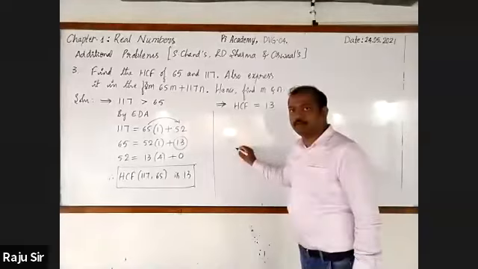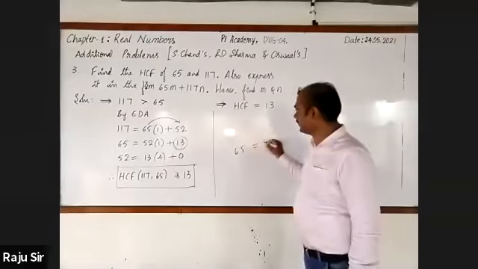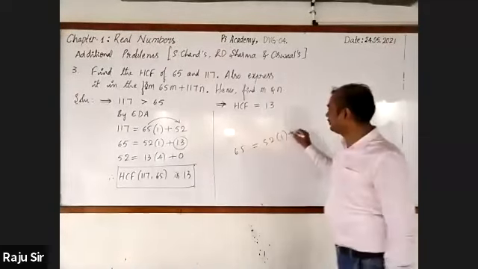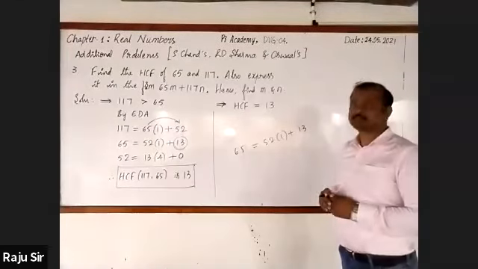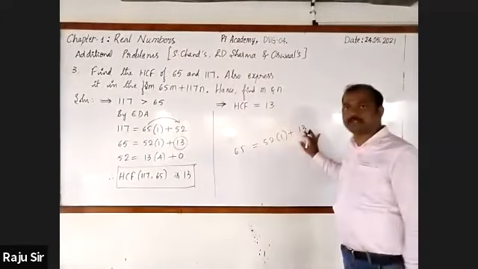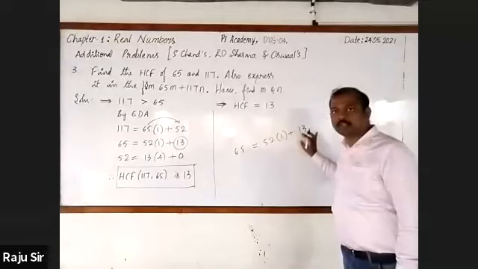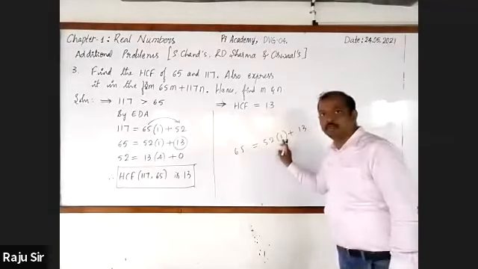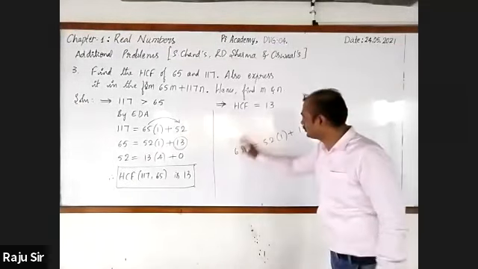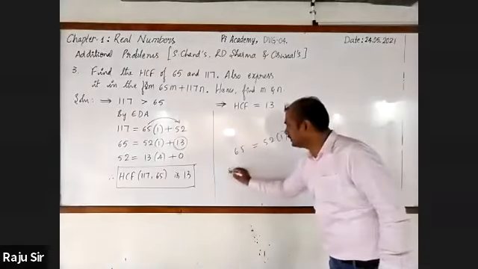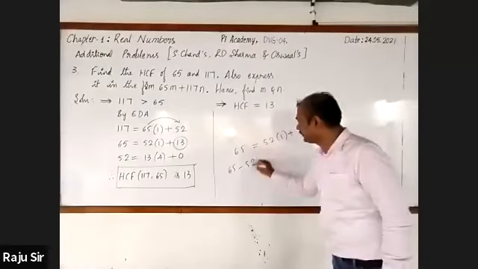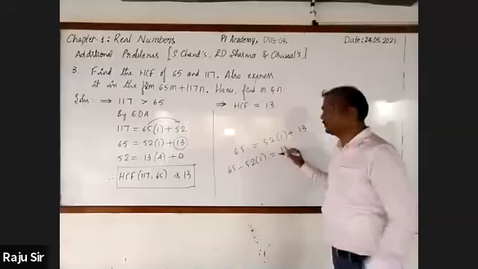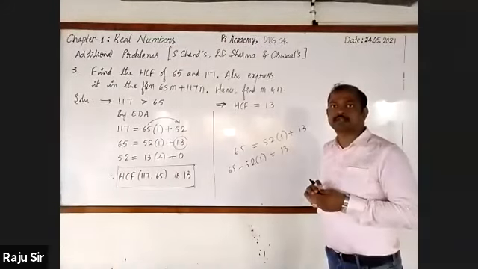Just look at the board, don't copy. We have 65 equal to 52 ones plus 13. Now 13 should be solved. If you want to solve for 13, it should be transferred to the left hand side: 65 minus 52 ones up. Hope that you have understood this.